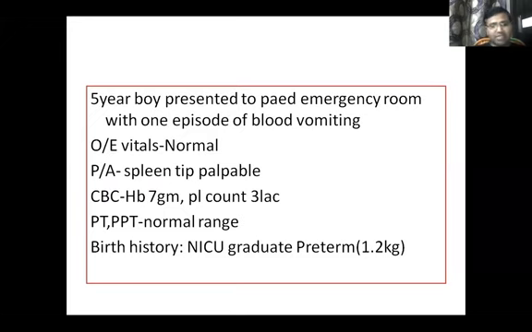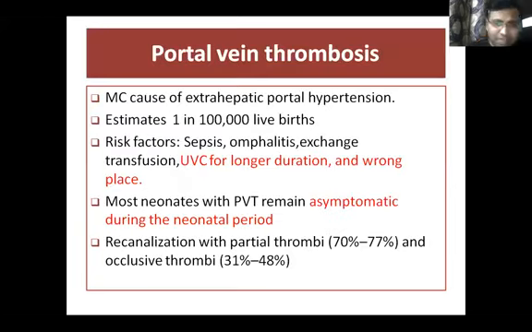Hemoglobin, yes, anemia is there; platelet count normal. As for the bleeding, we have done PT and aPTT, and they are in the normal range. But one clinching factor here is the birth history. Yes, he is a NICU graduate, preterm, 1.2 kg, now 5 years. Yes, probably he may have had lines. So what I am discussing is nothing but portal vein thrombosis.